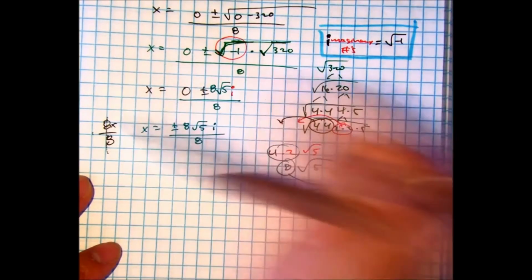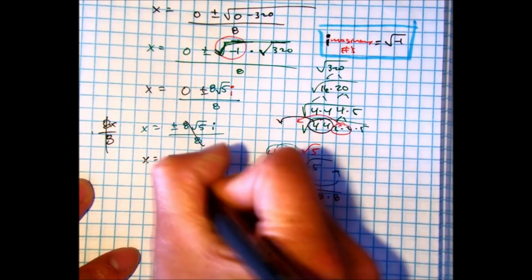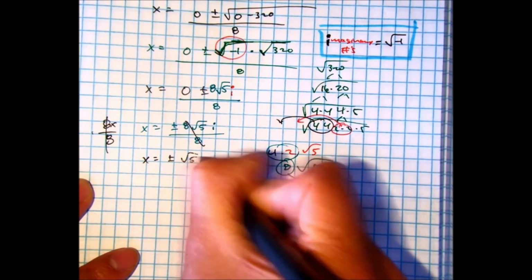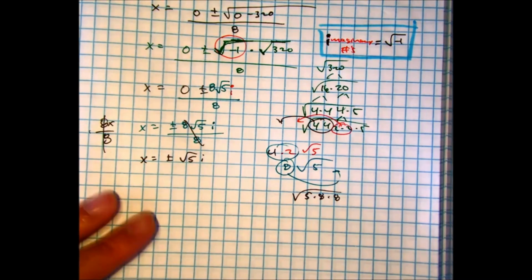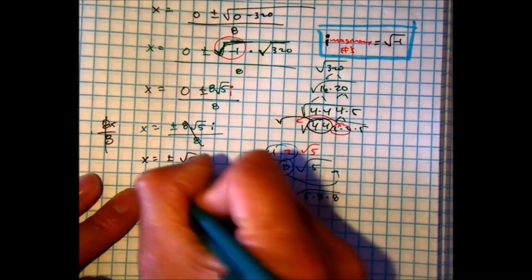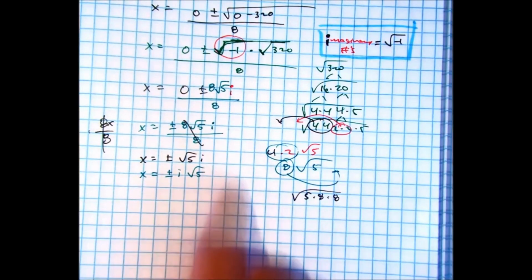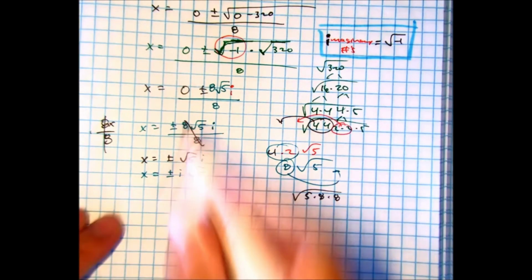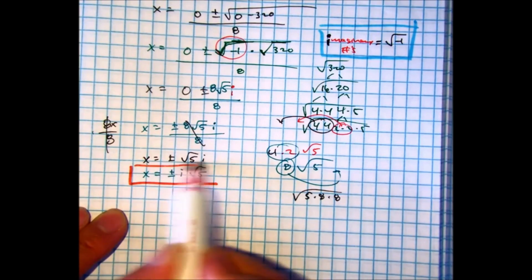You can cross those out. Does that make sense? So this is x equals plus or minus radical 5i. And that's our answer. You can also write it in a different way too. X equals plus or minus I radical 5. As long as the I is not inside the radical, I think I like this one better.